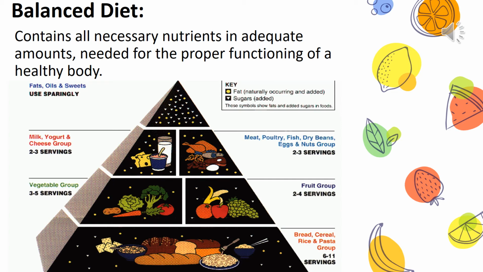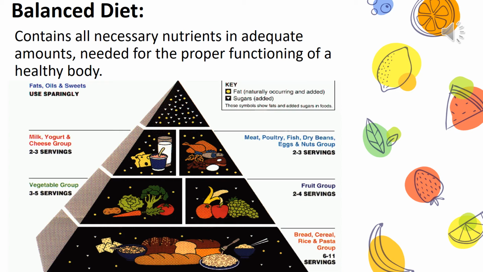Now, growing children need more proteins in their diet for muscle and tissue building. A pregnant woman and nursing mothers need more proteins, calcium and iron in their diet for the growing baby. Laborers require more carbohydrates and fats in their diet owing to hard physical work.